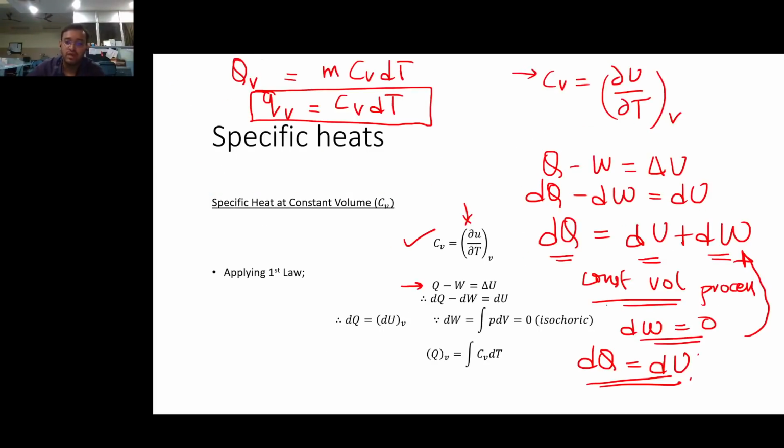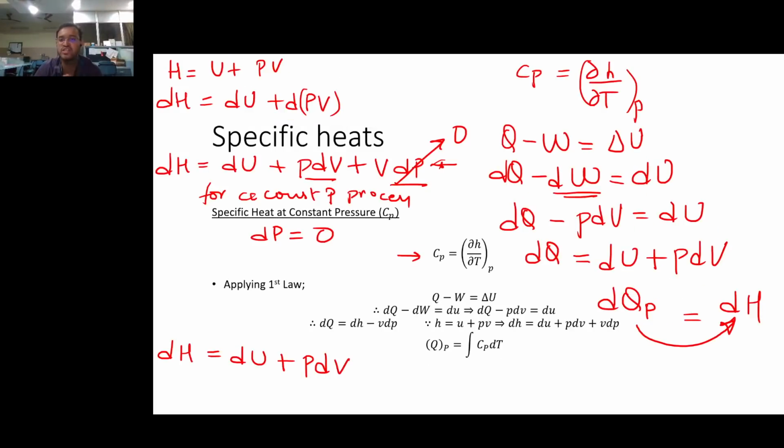And previously, whatever heat you added at constant volume was used to increase the internal energy of the system. This is a mathematical proof of the statement we made earlier: if you add heat at constant volume, your internal energy changes, and if you add heat at constant pressure, the enthalpy of the system changes.